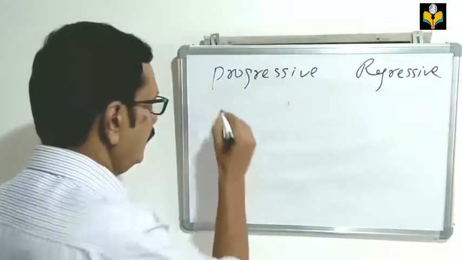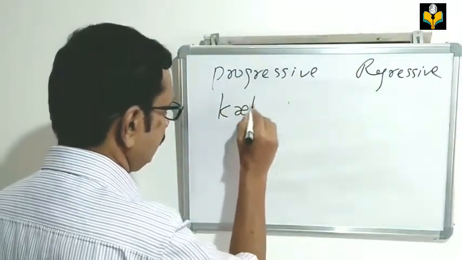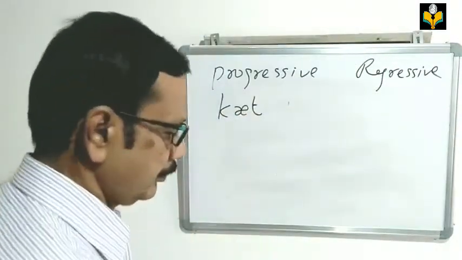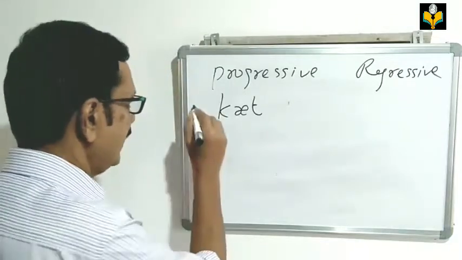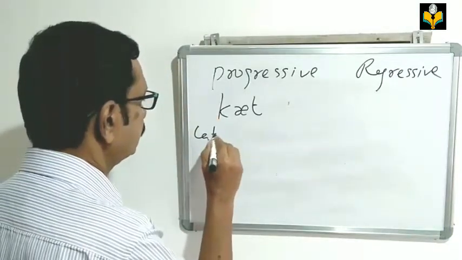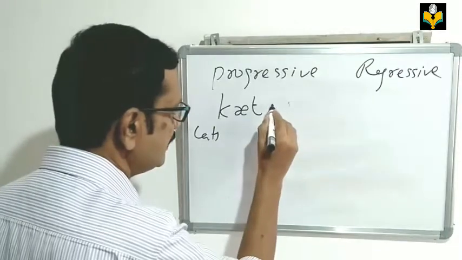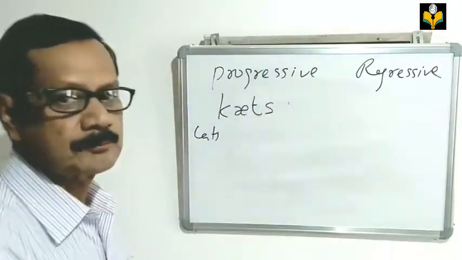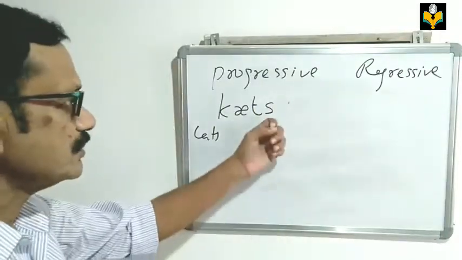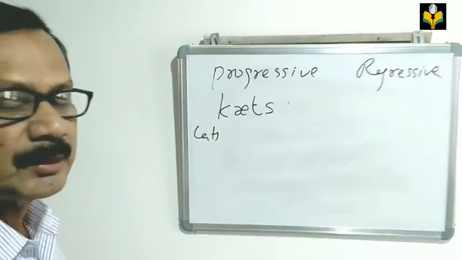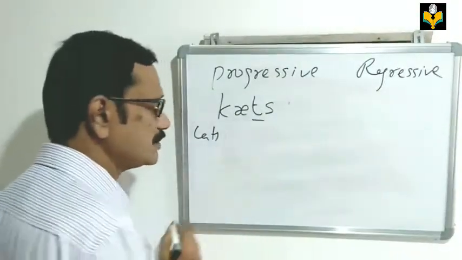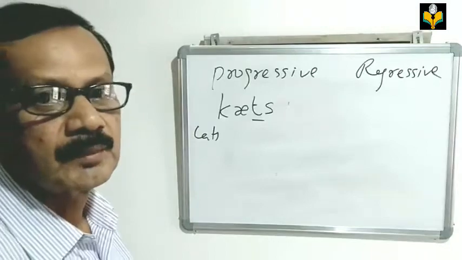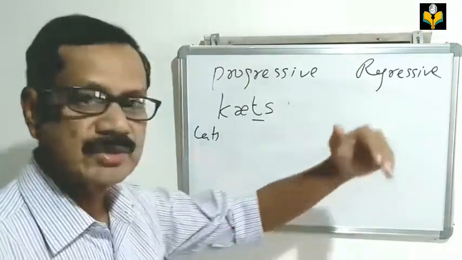Here, this is cat. Then we say cats, plural. Why do we use S here? Because of the influence of T. T is a voiceless sound, so in the plural we have to use the S sound.